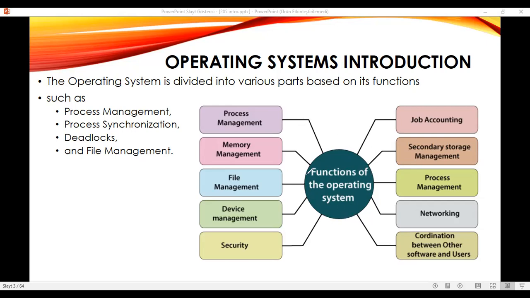Operating systems have several functions. It means that there are several things it is doing. One of them is process management.